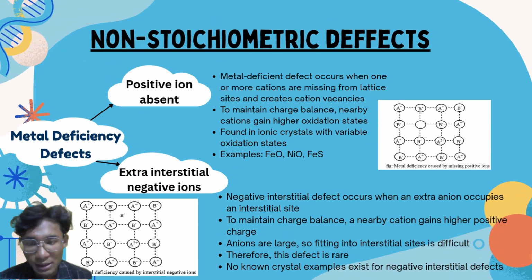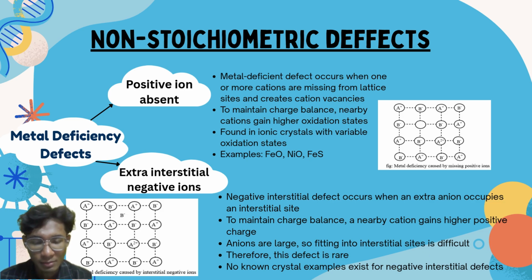For metal deficiency defects, there are also two ways that it occurs. The first one is when the positive ion is absent, and the second one is an extra interstitial negative ion. For the positive ion absence, this defect occurs when one or more cations are missing from their normal lattice sites, creating cation vacancies.